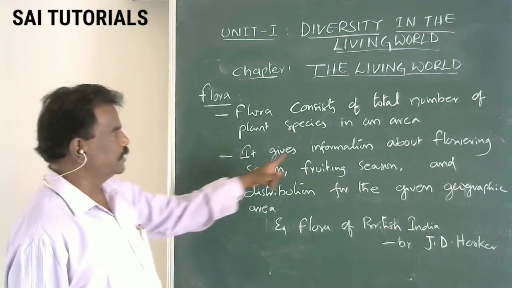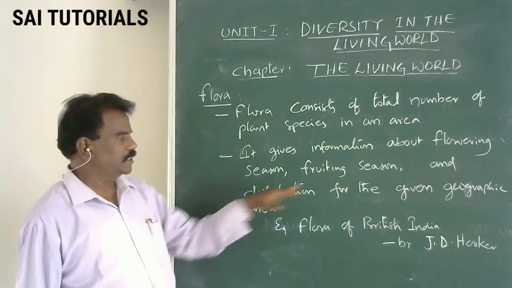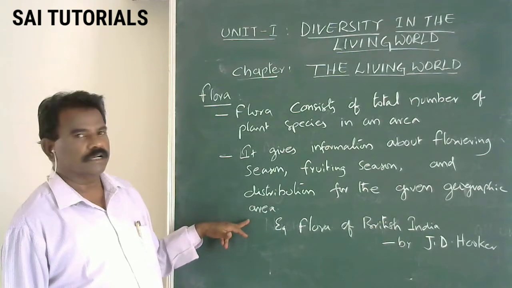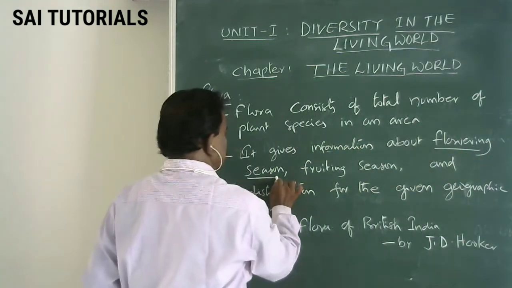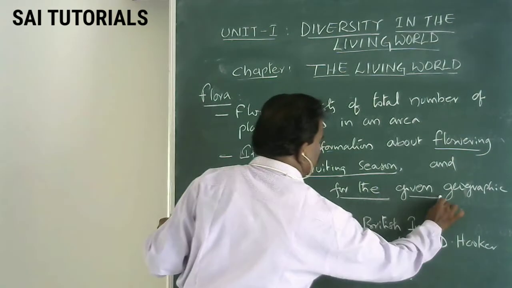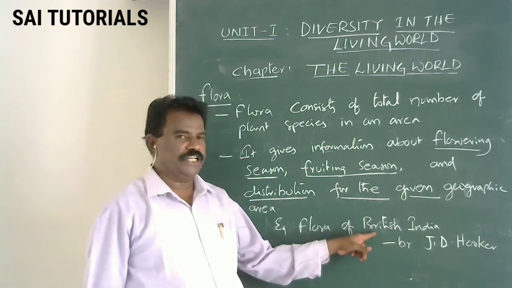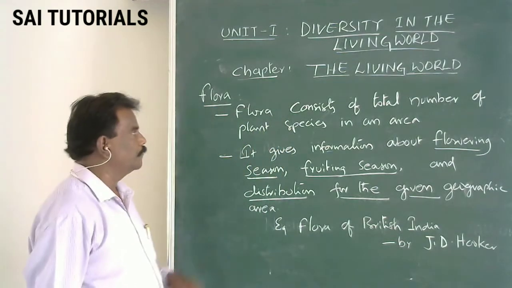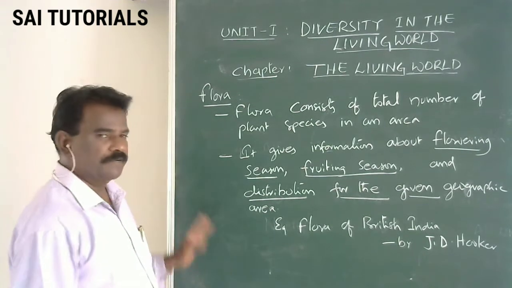It gives information about flowering season, fruiting season, and distribution for a given geographic area. Example, Flora of British India, written by J.D. Hooker. So flora helps us identify plant species.